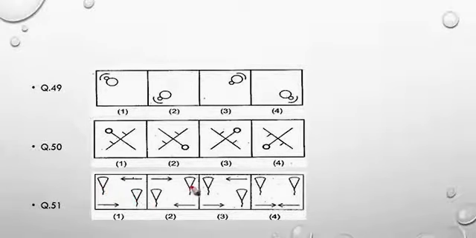Balloon-like designs are common in each of the problem figures, except in the case of problem figure 4, wherein not only are the balloons on one side, but the directions of the arrows also are opposite to each other, whereas in case of the other 3 problem figures the arrows are in opposite directions and the balloons are in different corners. So the answer for question number 51 is 4.